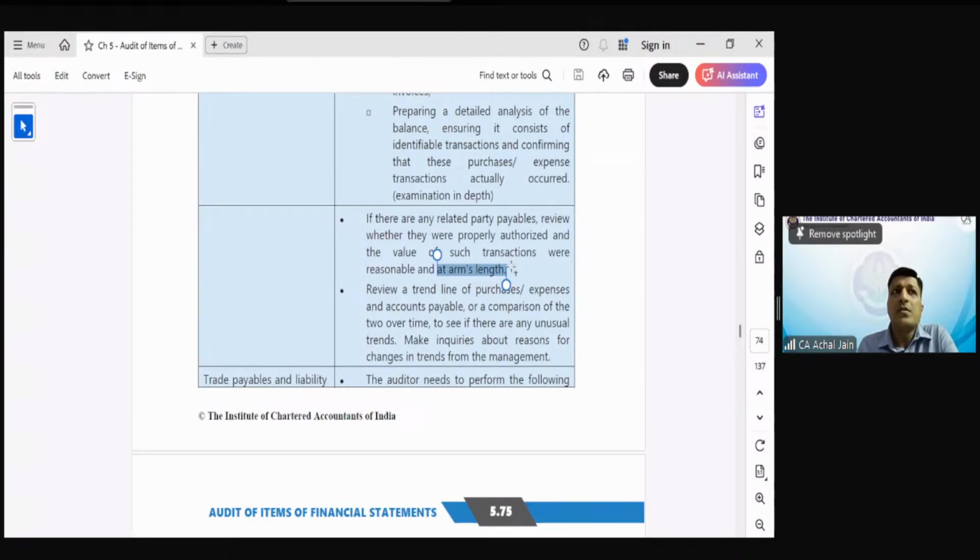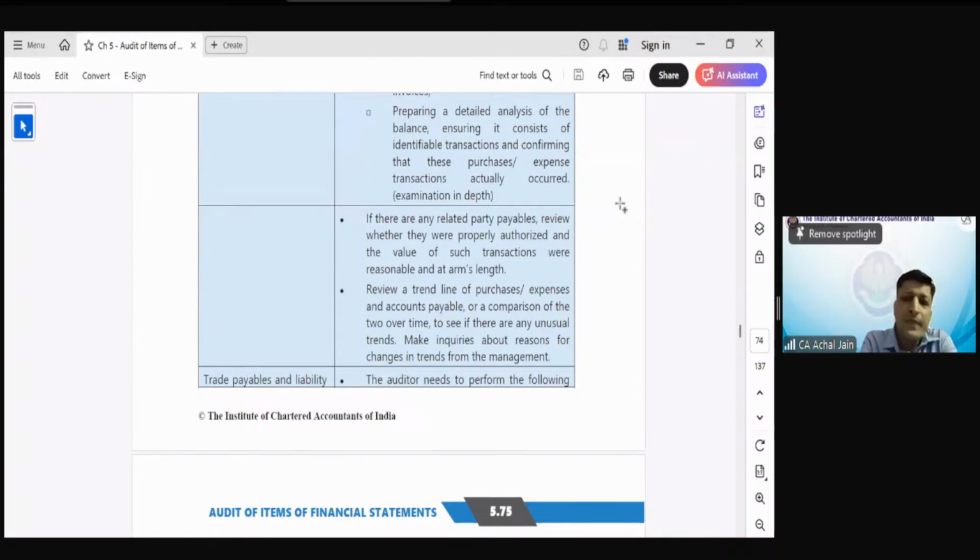Because for a transaction to take place at a particular price, at a particular value, management must have some mechanism which they need to evaluate, on the basis of which they will check whether these have taken place at arm's length or not. Which is also about the authorization, whether that has been done or not.